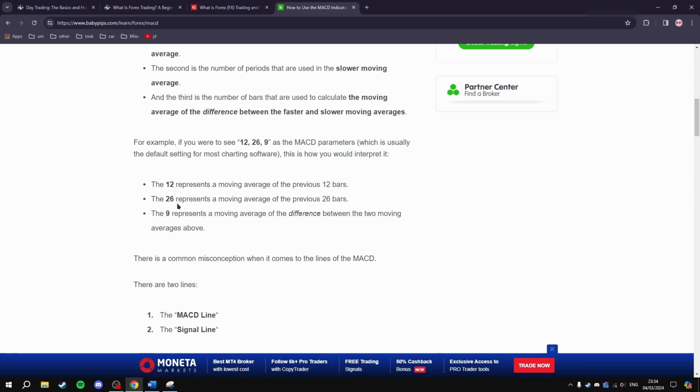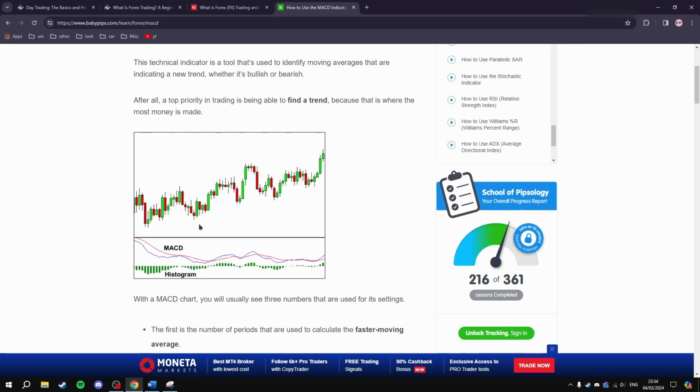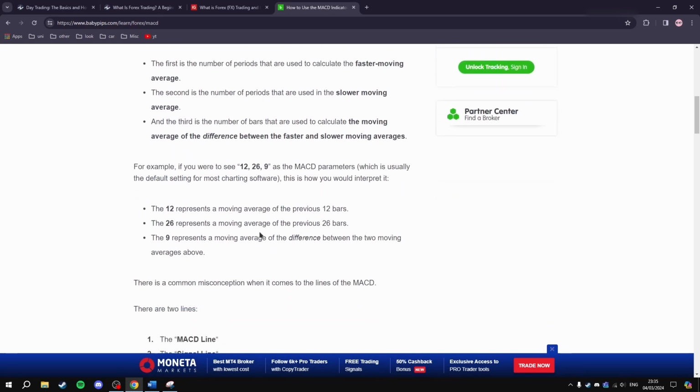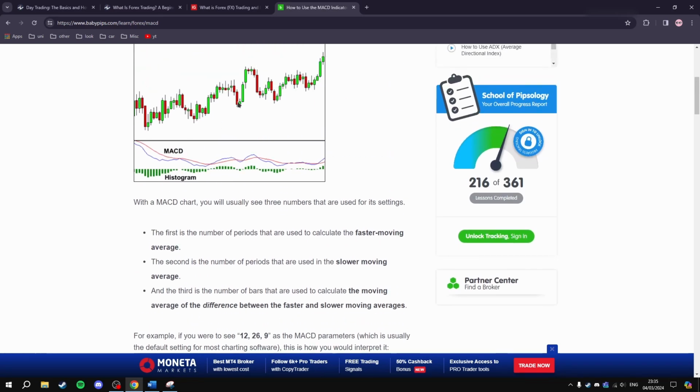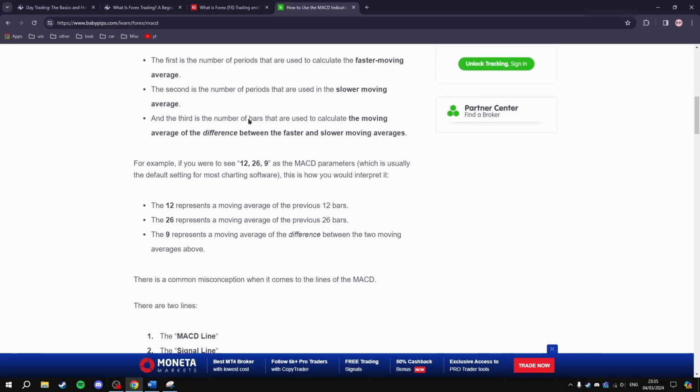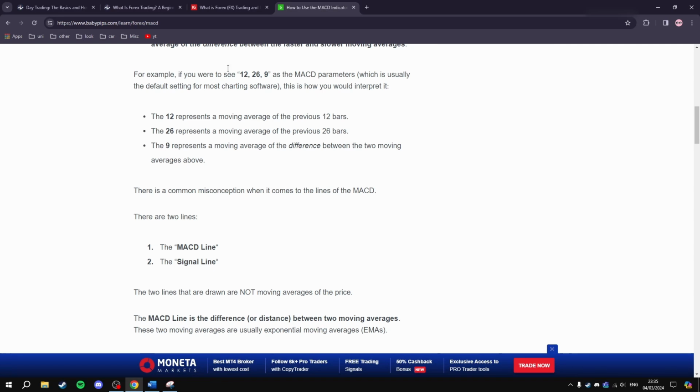If it's the difference, how come 26 minus 12 is not 9 though? A moving average. Oh, is it the average of the differences? So you could have different differences for each bar, couldn't you? And then you would have an average of them. I'm assuming that's what it means. It probably isn't. Hopefully it explains a bit more.